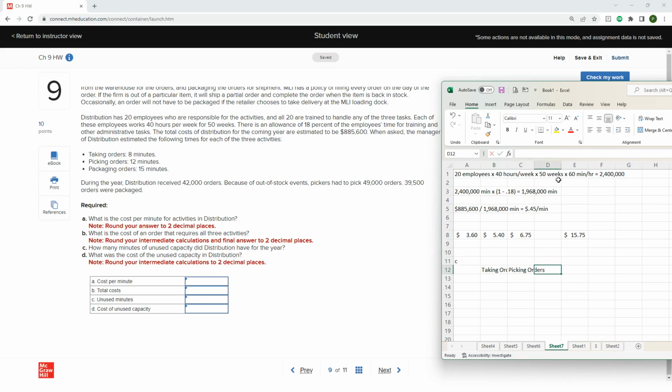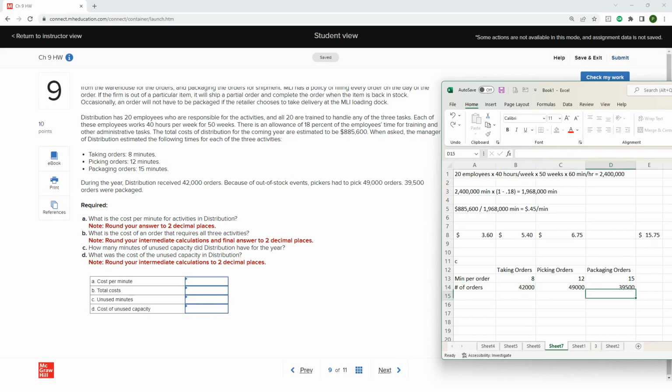Fact pattern tells us that we had 42,000 orders taken, 49,000 orders picked, and 39,500 orders packaged. So we multiply the minutes per order times the number of orders to get the total minutes used, and we do that for all three columns.